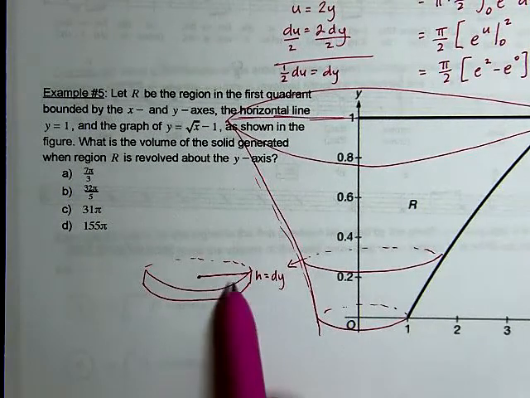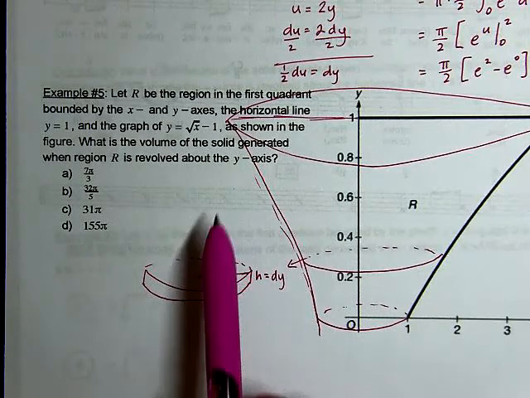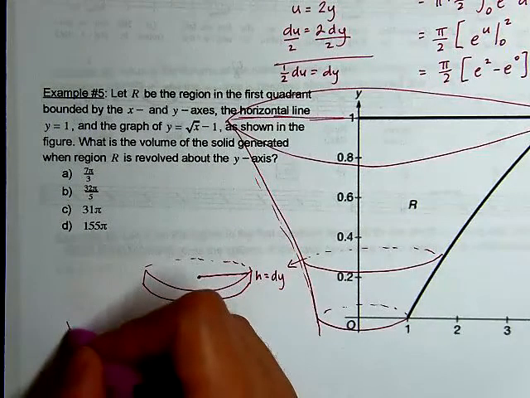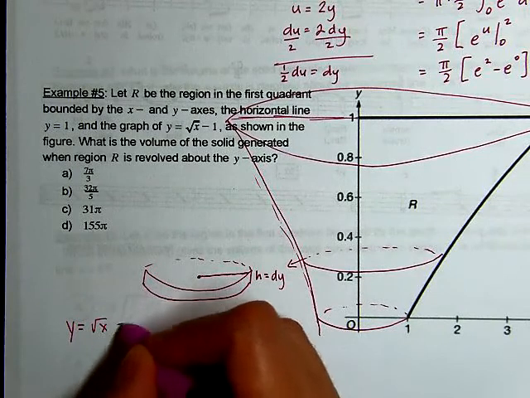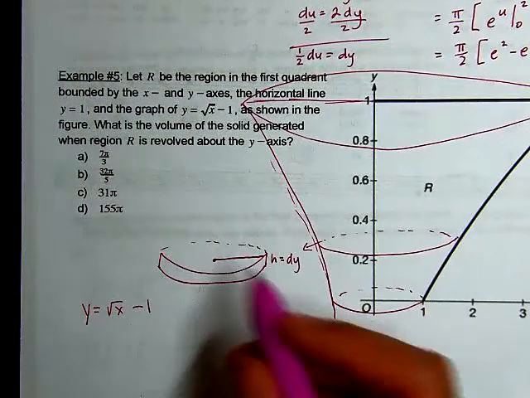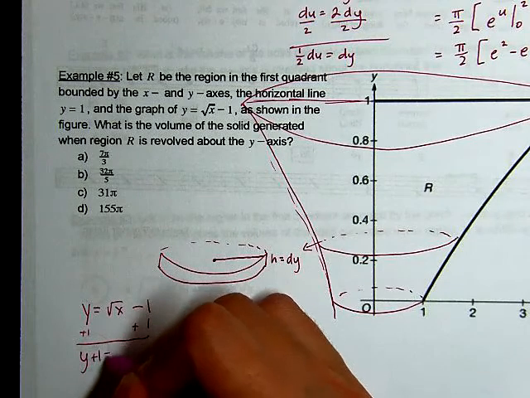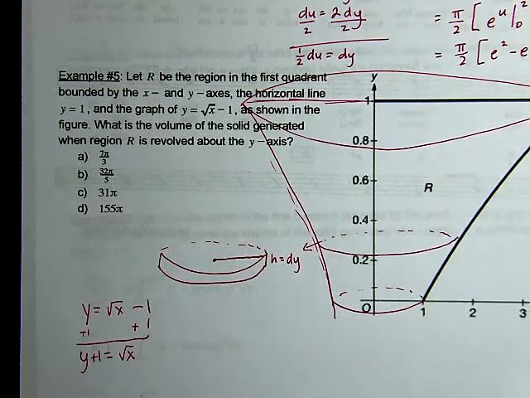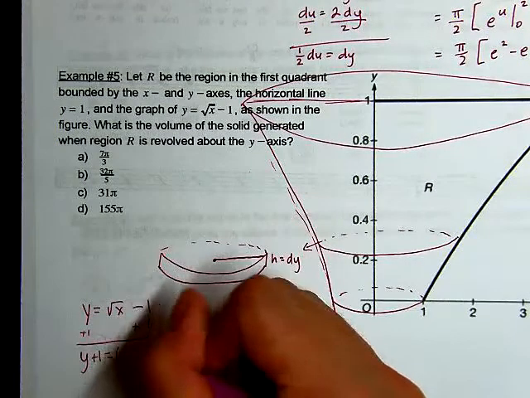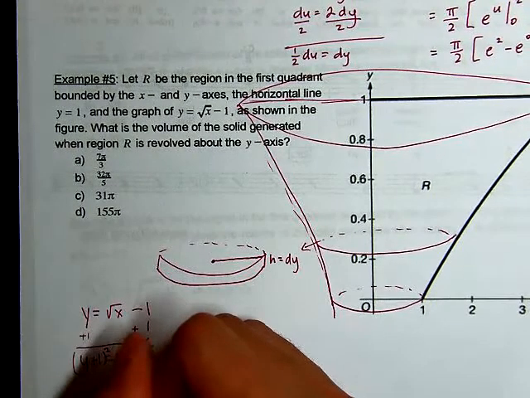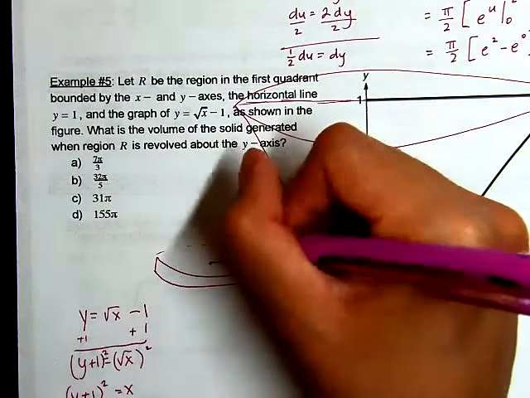So in order to find how long this radius is, we do need to solve this equation for x. So go ahead and add 1 to both sides. And to undo a square root, we square both sides. So x is y plus 1 squared, so that is my radius.